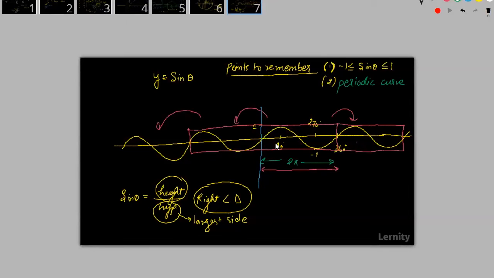Understood? From here till here, again it is repeating. Now suppose I am taking the sine curve from here till here, it should be 2 pi. And then from here till here, I can keep on copying pasting it, so it will become exactly same. Okay, so this is a periodic curve. And the periodicity is 2 pi.